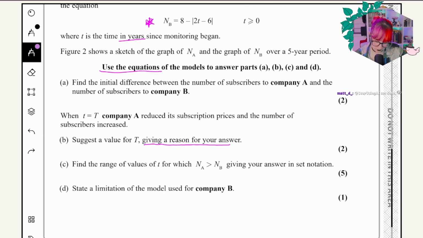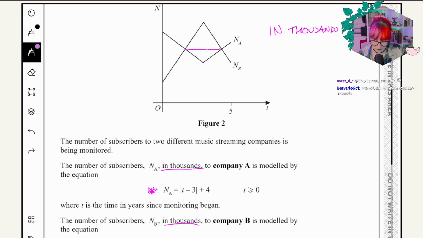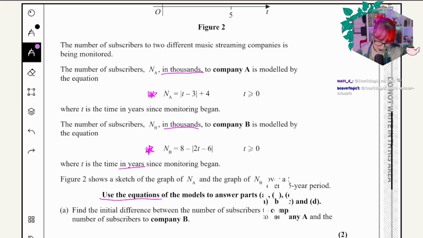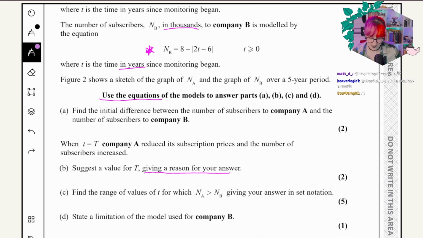Part C: find a range of values for which NA is bigger than NB. Again, using the equations, so we're not allowed to just look at it. And then finally, find the range of values and state a limitation of the model used for company B. Again, we're all looking at the equations.